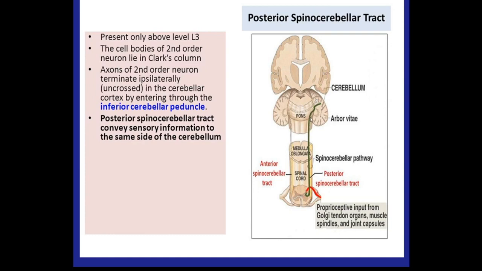This tract goes to the ipsilateral hemisphere of the cerebellum. So, the conclusion: the posterior spinocerebellar tract conveys sensory information to the same side of the cerebellum.